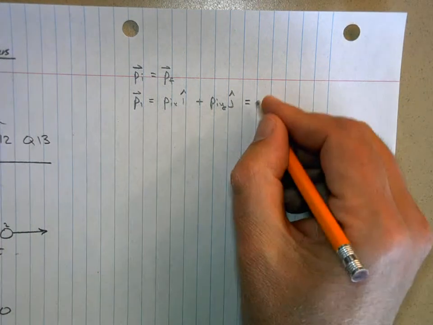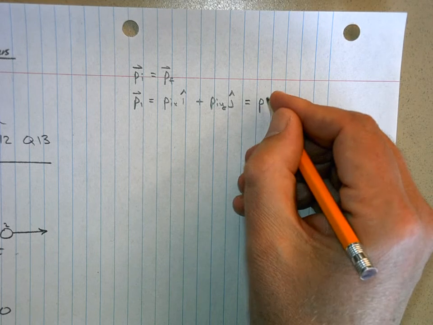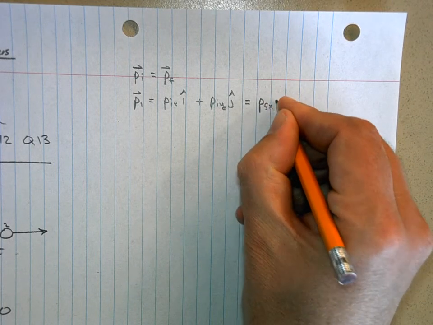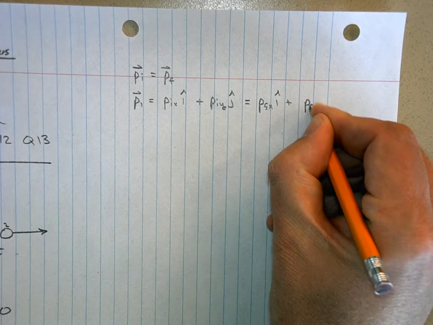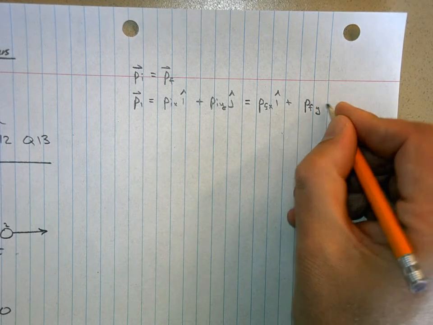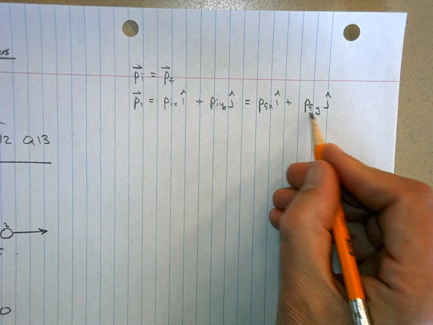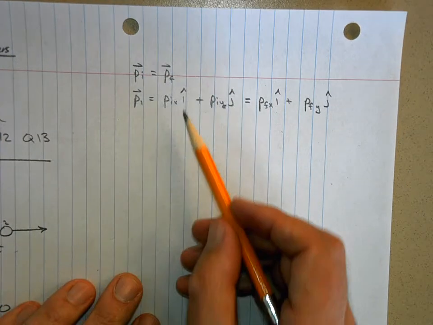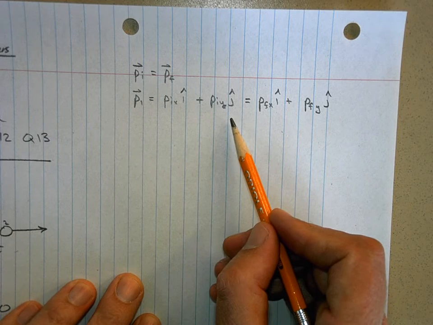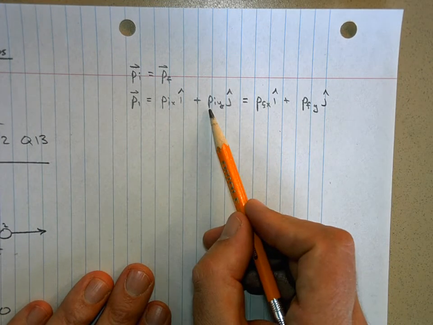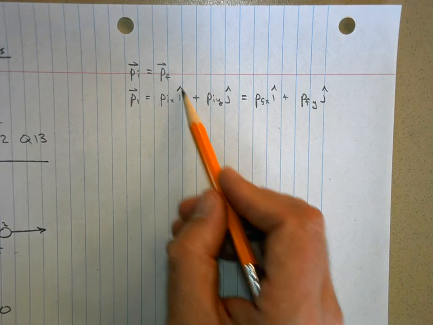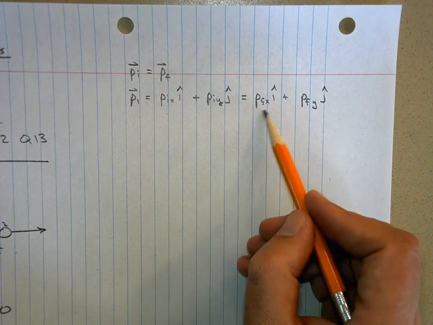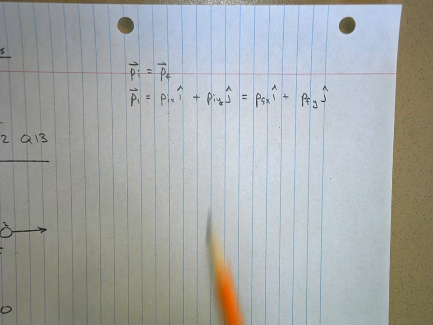And this is going to be equal to P final in the x direction plus P final in the y direction. So here are the momenta split of the whole system, but this represents the momentum in the x direction before and after, and they have to be equal to each other.